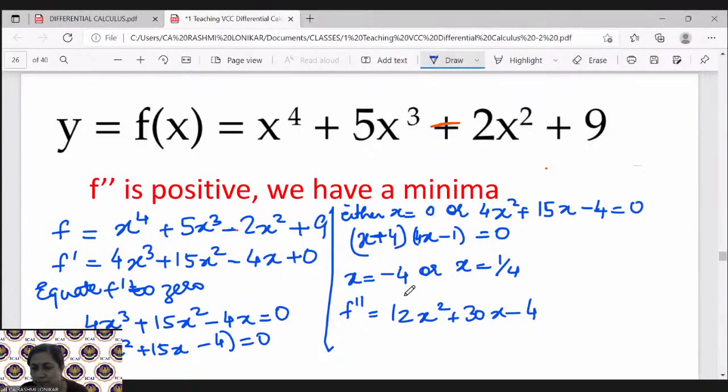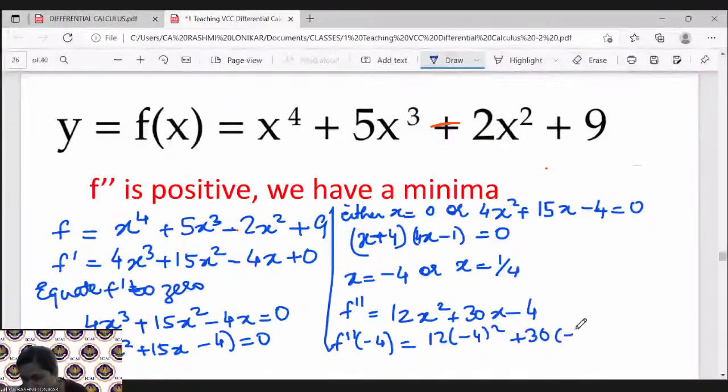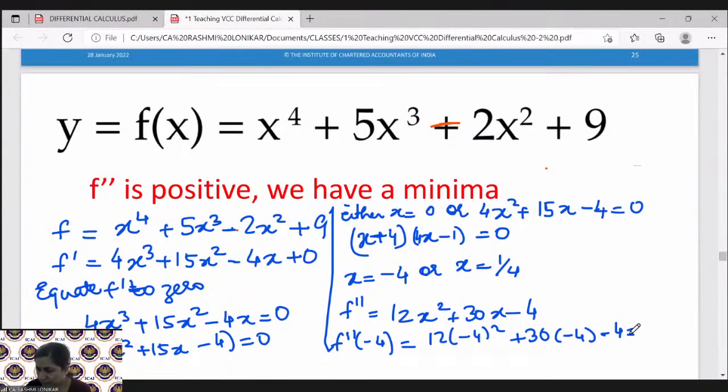Now let me put x as minus 4. f double dash of minus 4, what will be the value? 12 into minus 4 square plus 30 into minus 4 minus 4. How much is this equal to? 4 square is 16, 16 into 12, answer is 192, and 192 minus 120 minus 4. Answer is 68.